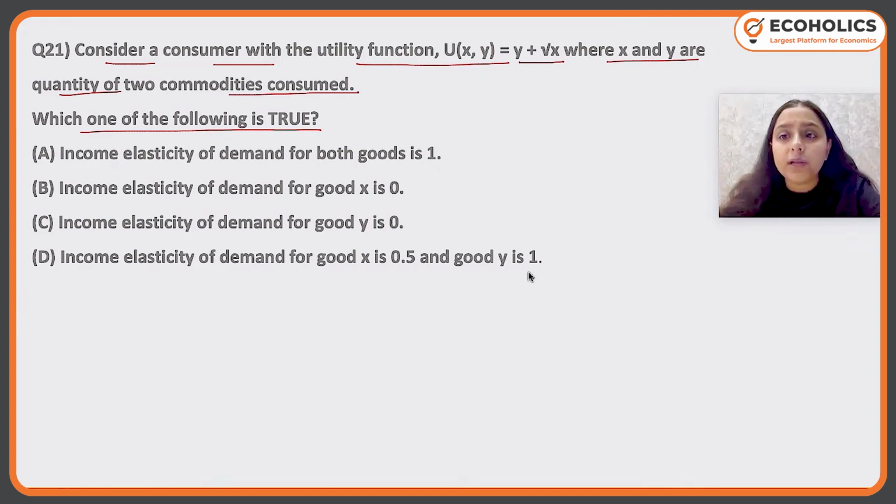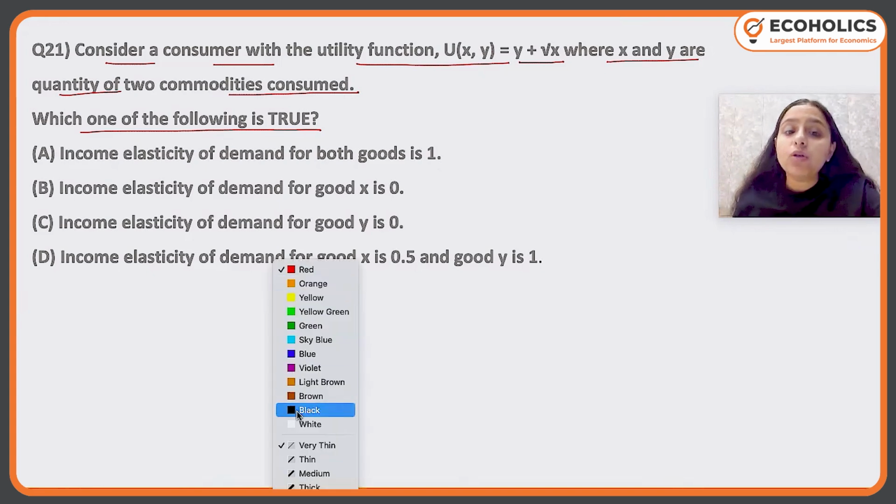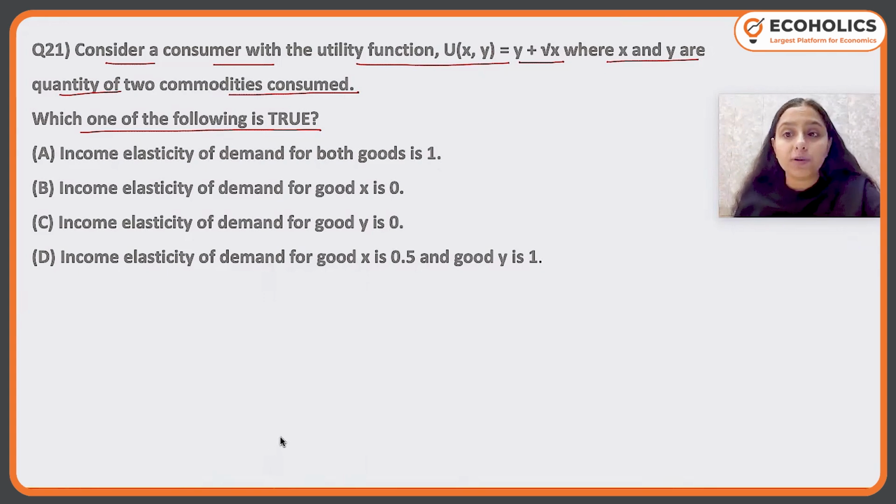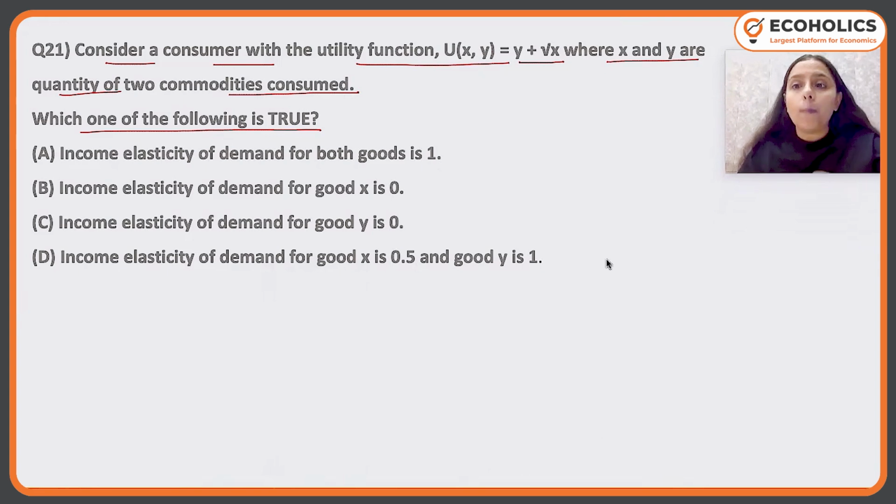How can you find income elasticity of X and Y? Now, income elasticity means first I need to find the optimal value of X as well as optimal value of Y. So for finding the optimal value of X and optimal value of Y, I first need to do the optimization. So I will be using the Lagrange method.